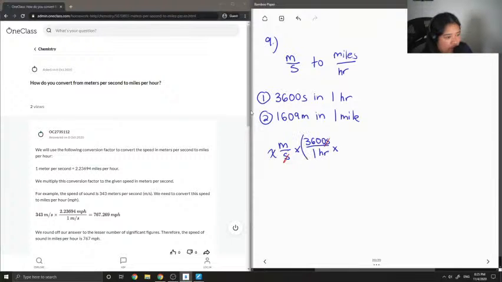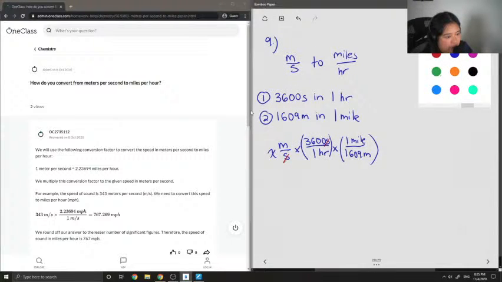So now I'm going to put my miles on top, since this is the units that we're looking for. 1 mile over 1,609 meters. So you'll notice that our meters will now cancel out.